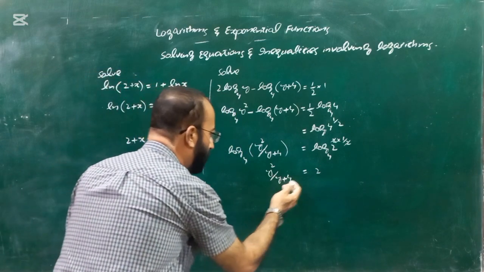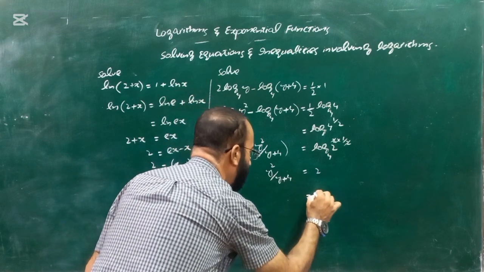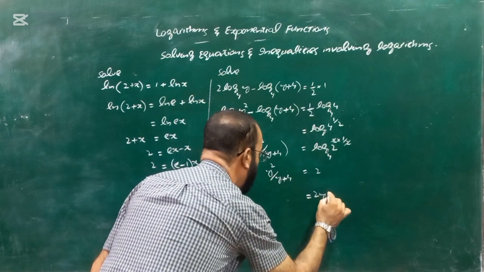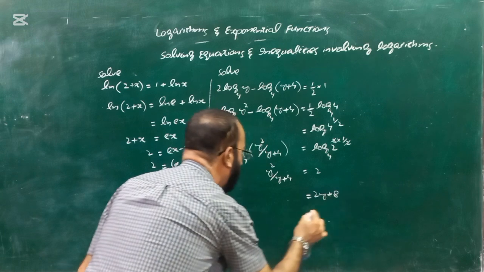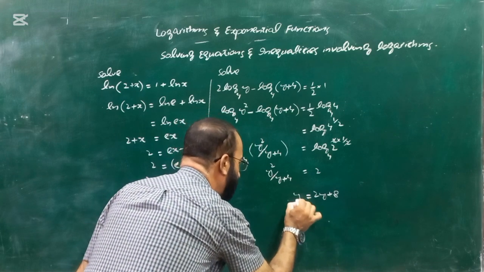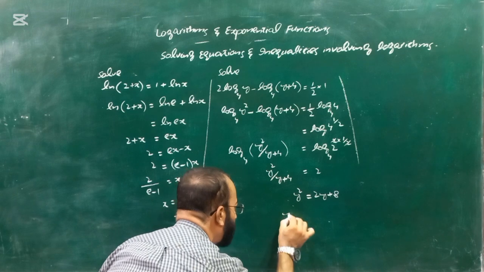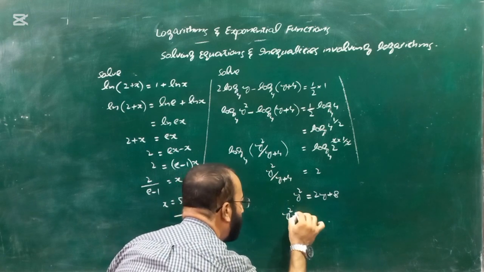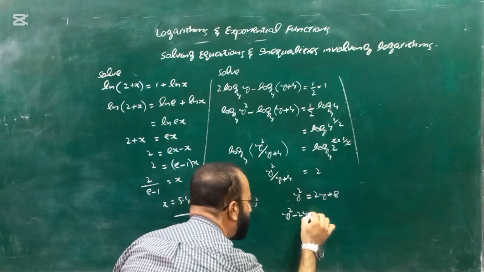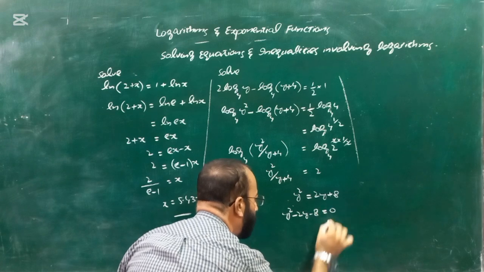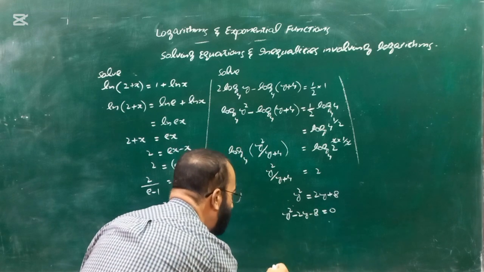From here y plus 4 will go to the right hand side, so it will become 2y plus 8. On the left hand side y square will be left. Right hand side values will come to the left side, so it will become y square minus 2y minus 8 equal to 0. So factorization will be done here.